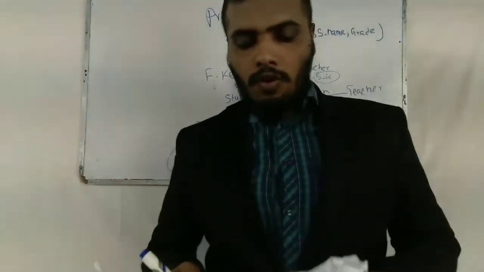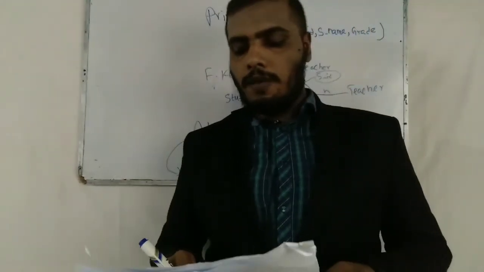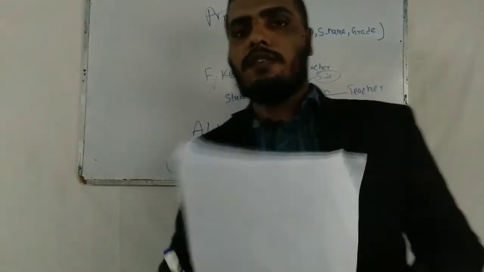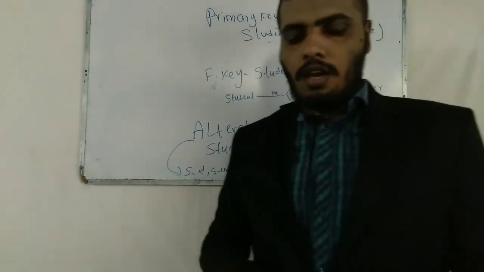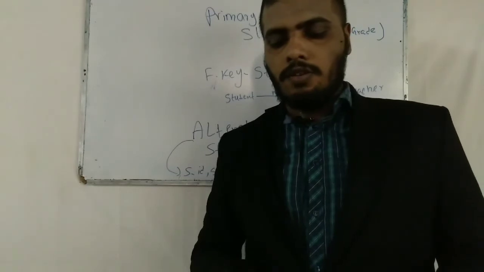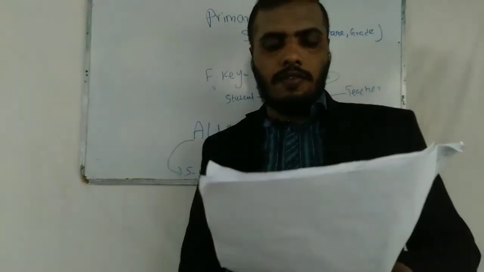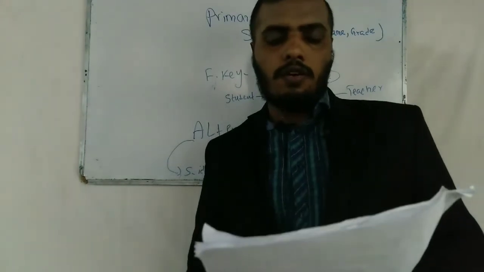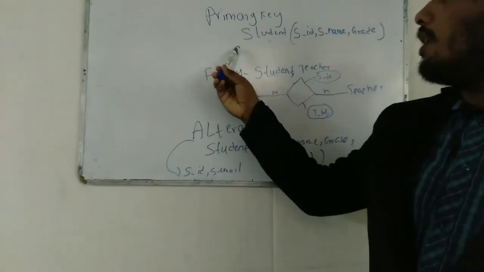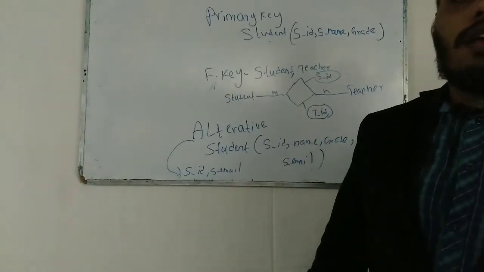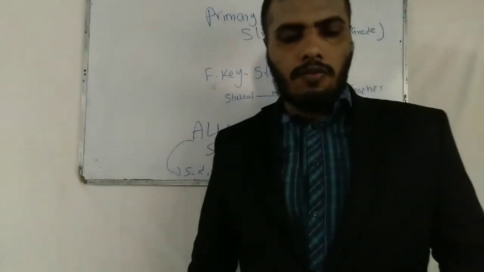So, answer number 4: a foreign key of a table should be the primary key of another table. Yes, simply yes. As in this example, the foreign key of a table should be a primary key of another table. So that's true. And fifth answer, the table should have alternate keys. It should have alternate keys, or it may have just one key. So that cannot be neglected either. So the answer is 4.